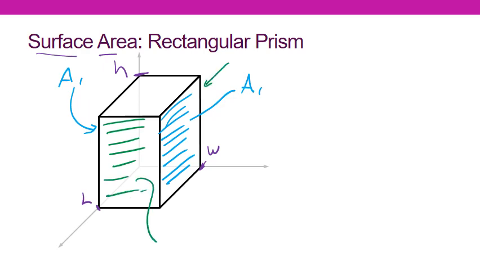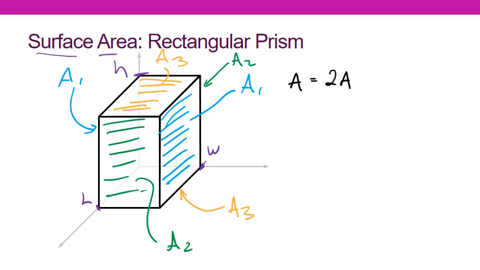If we called this A2, that would also be A2. And then we've got an area on top. We might call this A3, and on bottom you have the same thing. And so our total surface area is going to be 2A1 plus 2A2 plus 2A3.